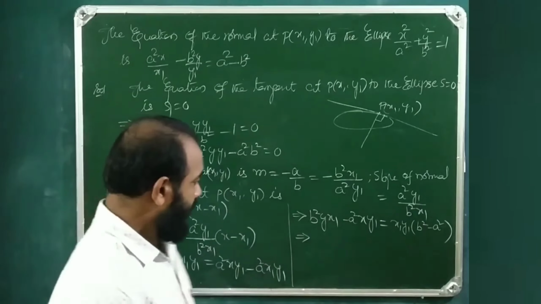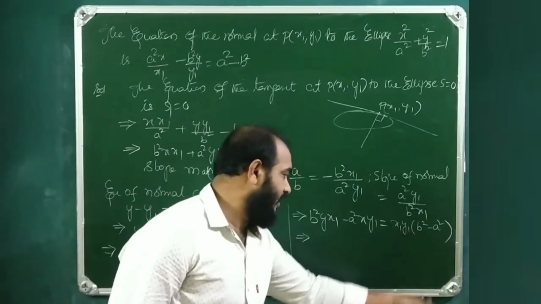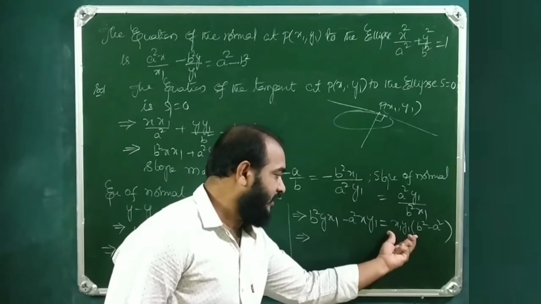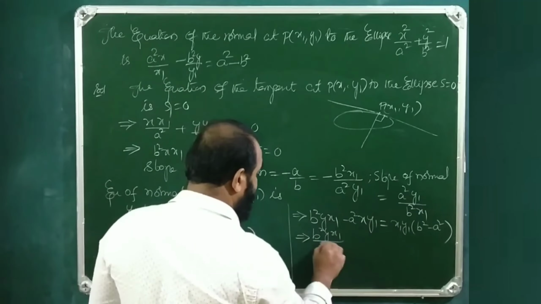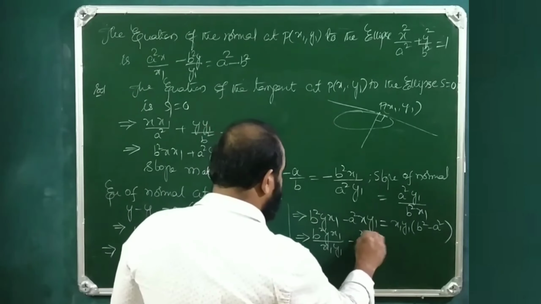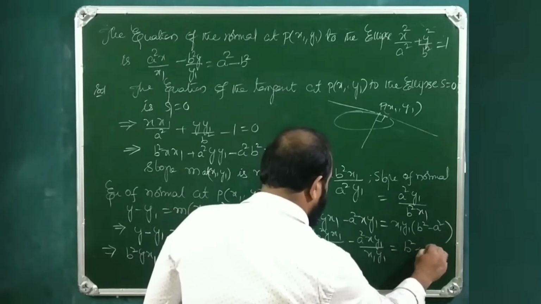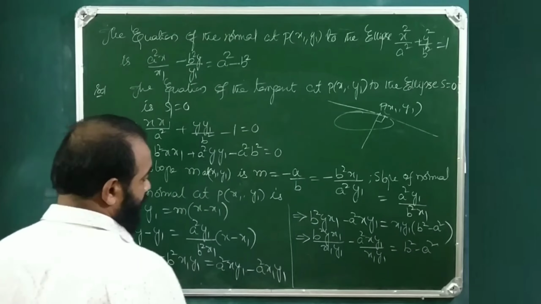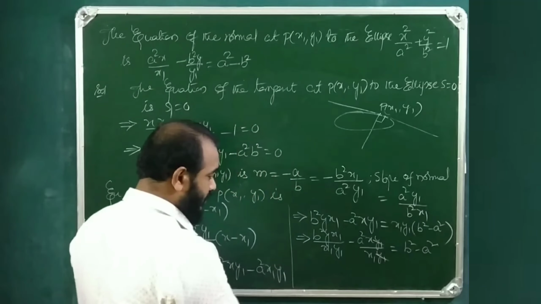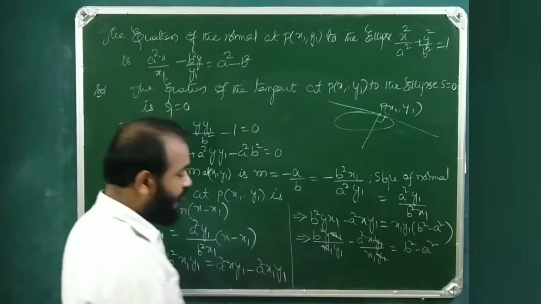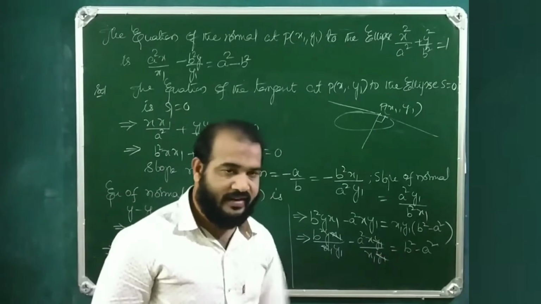Now keeping this on the other side, divide it with x1 y1. So b square y x1 by x1 y1 minus a square x y1 by x1 y1 is equals to b square minus a square. So here y1 gets cancelled, x1 gets cancelled, we get b square y by y1 minus a square x by x1 equals to b square minus a square.